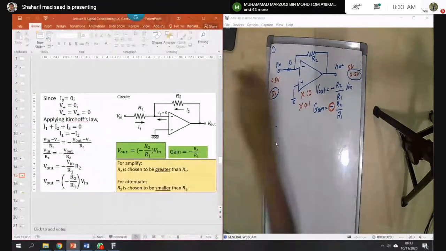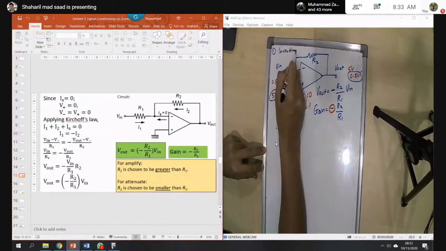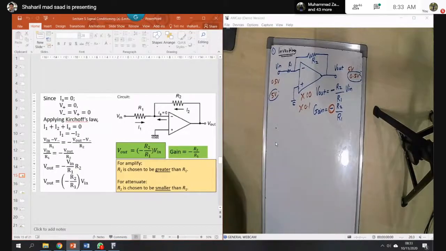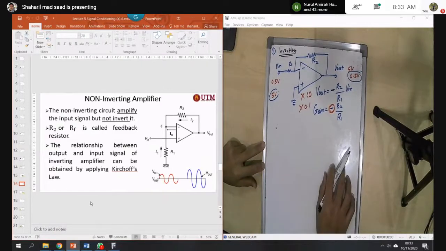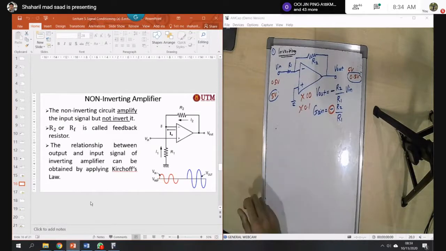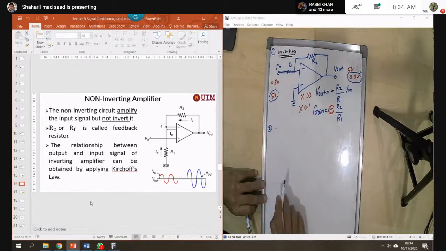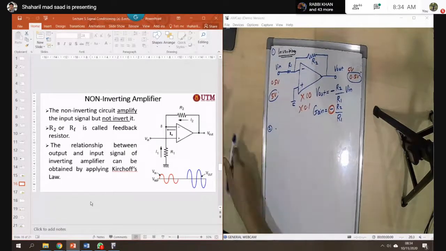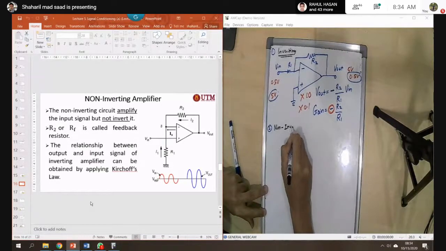This one is for the inverting configuration. Alright, for the non-inverting amplifier, all the other configurations are only from the inverting. Let's say we want to draw the non-inverting circuit.